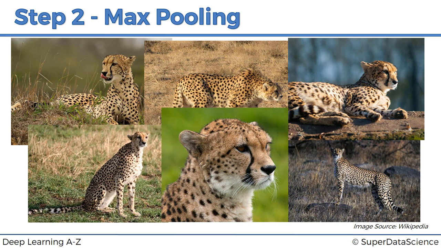So we have to make sure that our neural network has a property called spatial invariance, meaning that it doesn't care where the features are located.